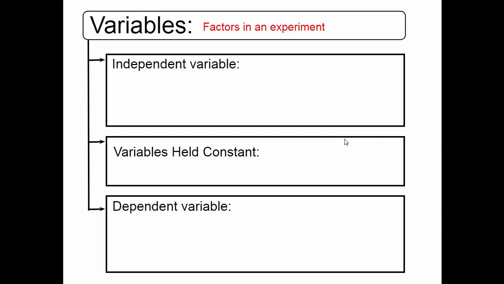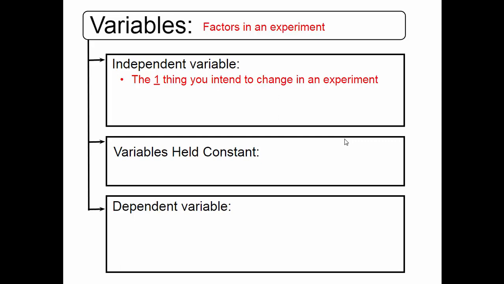Does anyone know what an independent variable is in an experiment? Yeah, it's the thing you change. How many things should you change in a good experiment? One and only one at a time. The independent variable is the one thing that you change. I tell students if they have trouble remembering, the I in independent looks like a 1, because it's the one factor in your experiment you change.